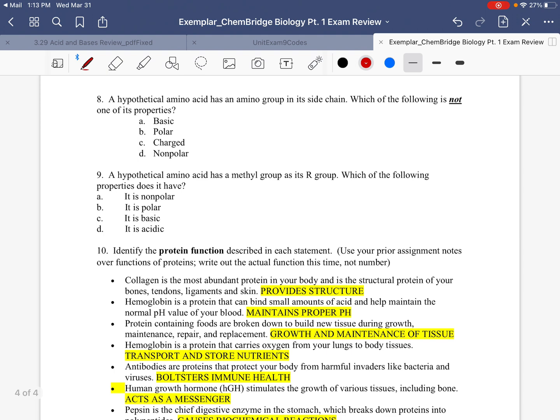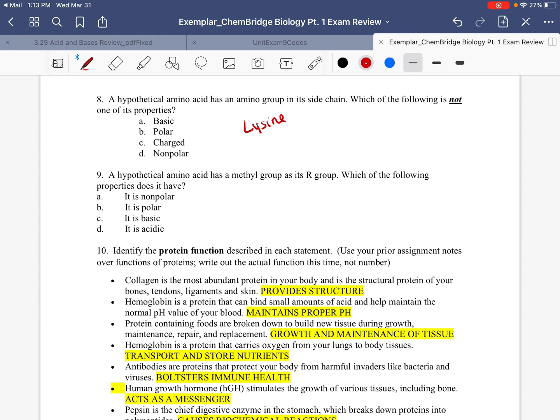So an amino acid has an amino group on its side chain. What would be one of the properties? This, again, is part of your notes. Make sure to look at those notes where it talks about amino acids continued, and it breaks it down very, very quickly. So amino acid that has a side chain containing an amino group is called lysine.